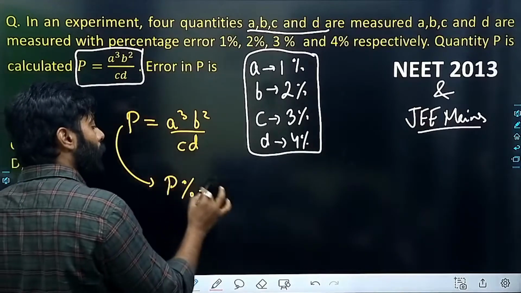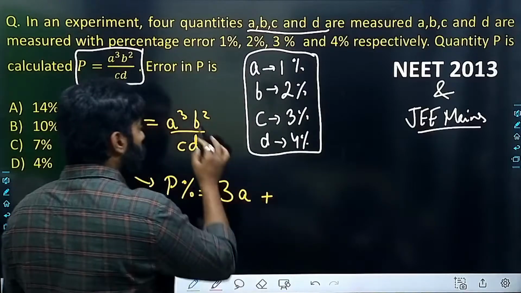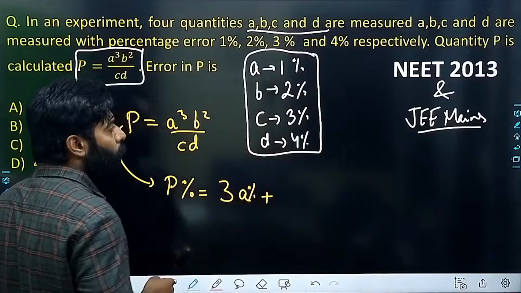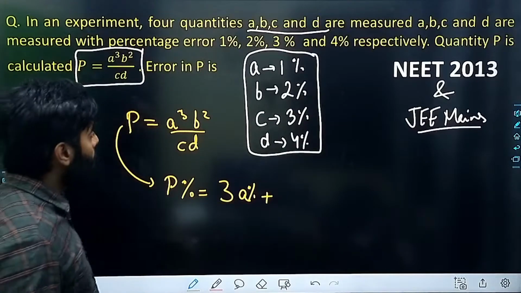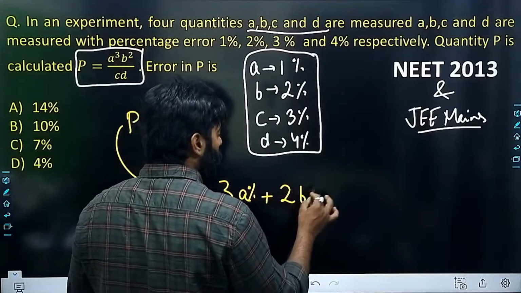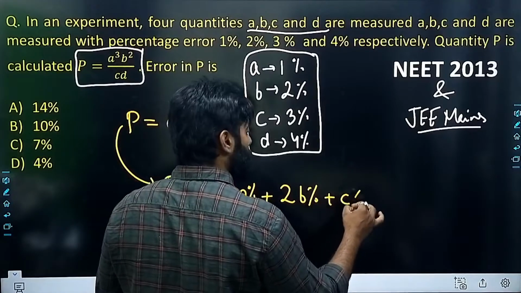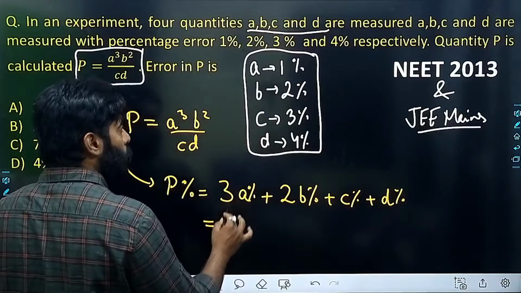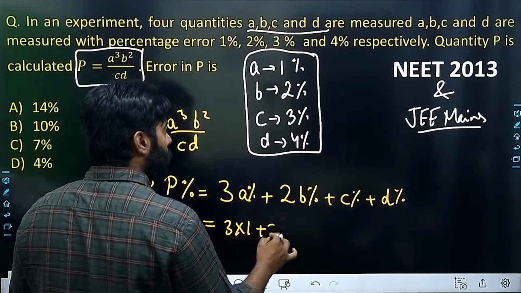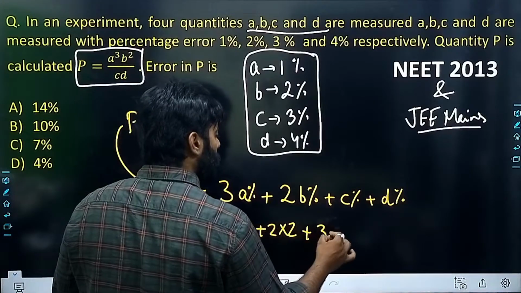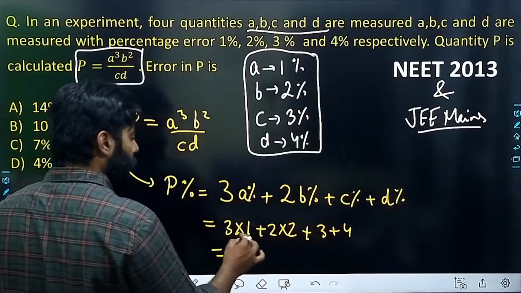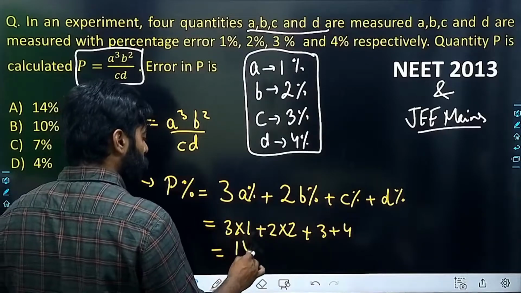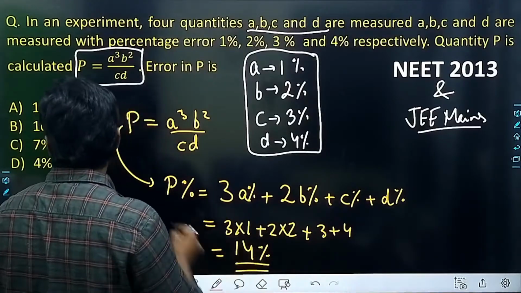You just need to write 3A, because the power here is 3, and A is the percentage which we will write from the given data, right? Then 2 times the B percentage, then C percentage and D percentage. So 3 into 1 plus 2 into 2 plus 3 plus 4, right? So 3, 4, 7 and 7, 7, 14. So the total aggregate error will be 14%.